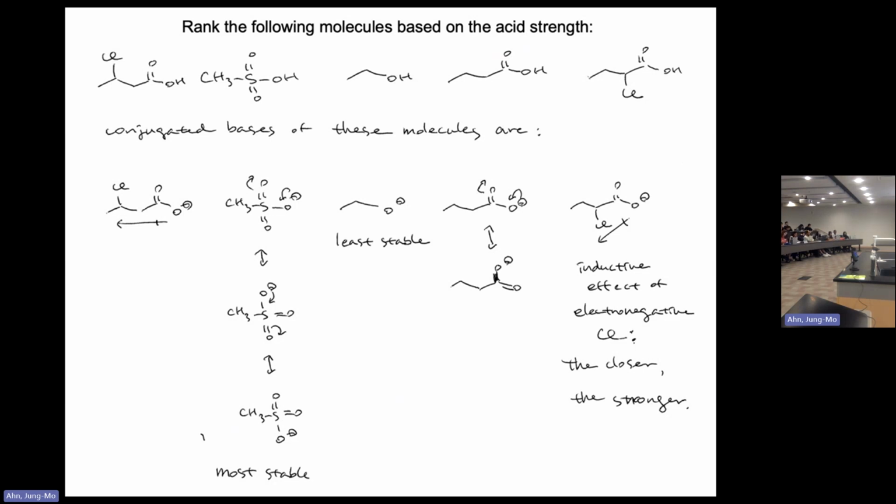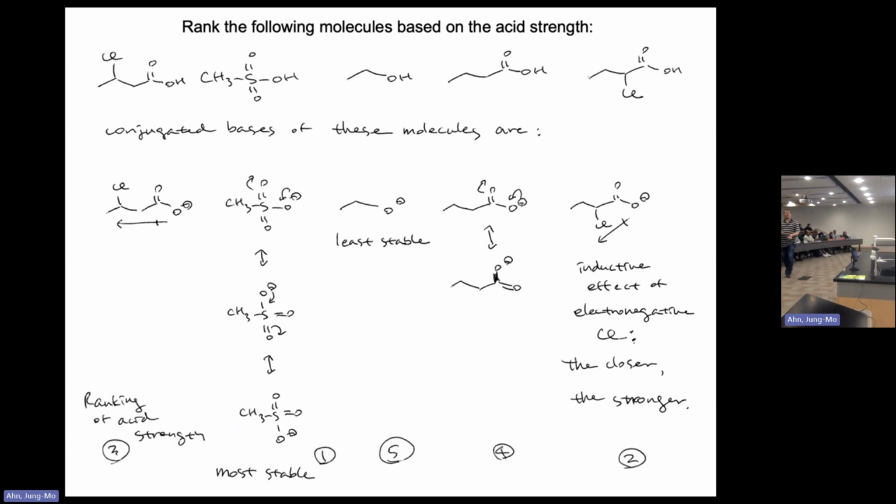The distance between the negative charge and the chlorine can matter too. A chlorine closer to the carboxylate makes a bigger impact compared to a chlorine further away. So it's still better than not having one, but that one is worse than this one because it's further away. It's kind of very intuitive.